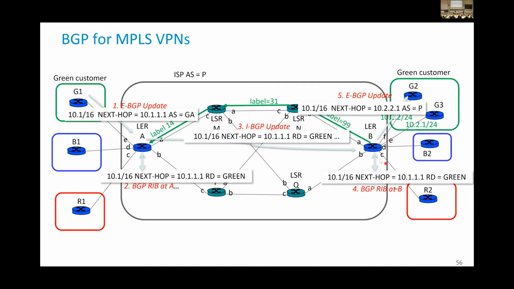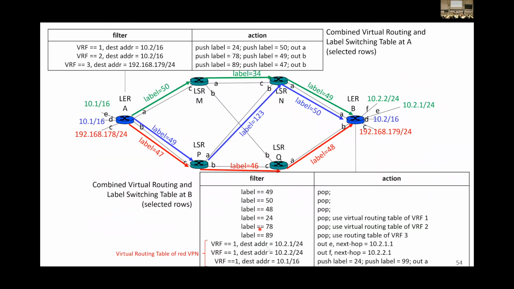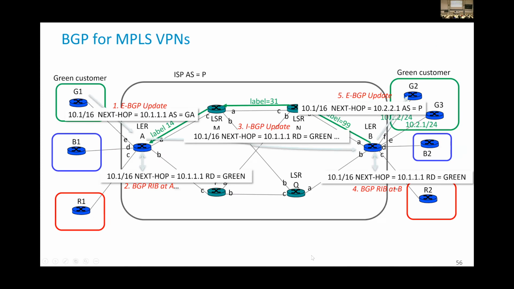And in such a case, I will establish a label switch path, and I will put into the forwarding table the corresponding label. And also the corresponding label that corresponds to green, the entry that we saw a few minutes ago, which is this one here. This entry here will be put into the forwarding table as a consequence of receiving and accepting this BGP update.